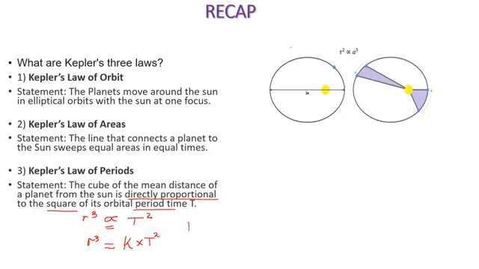If I want to find out what k is, k will remain on one side and T square will go down. So k is equal to r cube upon T square. The derivation of this is not that important. You will have this in 11th grade, but the statement is very important. With that, you can just write these three laws.